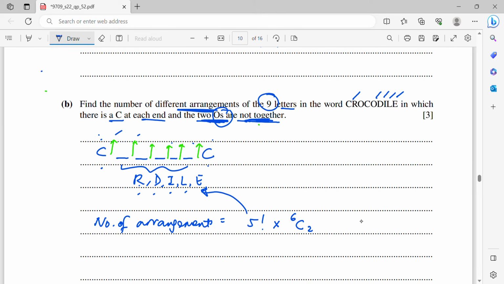So your working is basically 5 factorial to arrange R, D, I, L, E, times 6C2, meaning that of the 6 green arrows, you choose any 2 to locate the O. At last you'll be getting 1800. So these are the number of arrangements that satisfy the condition.